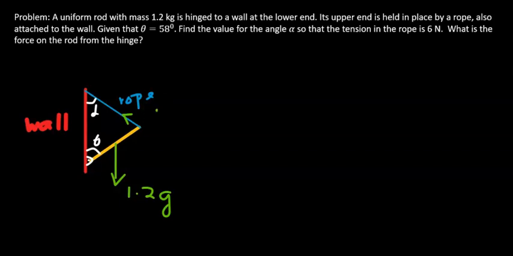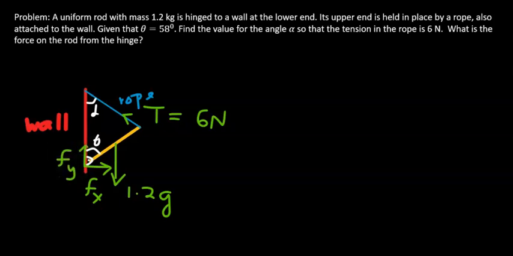Let's call that T. And we know what the value of T is. It's 6 newtons. And then you also have the force from the hinge at the lower end. Now we can divide that force into two components. The first one is the x component. Let's call it Fx. And the y component, let's call it F sub y.